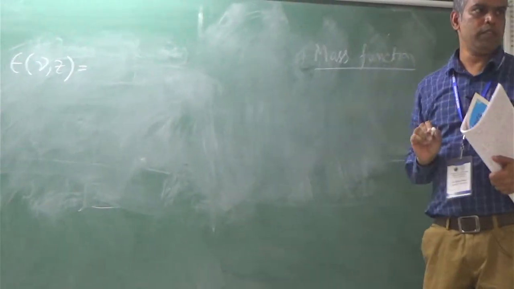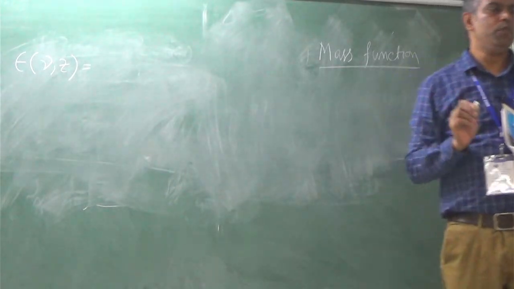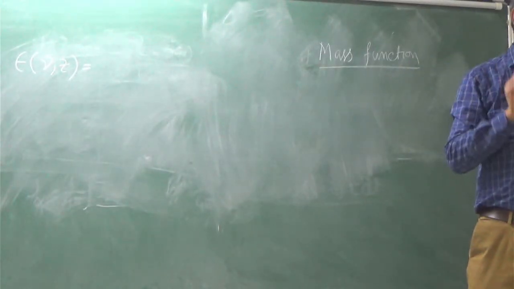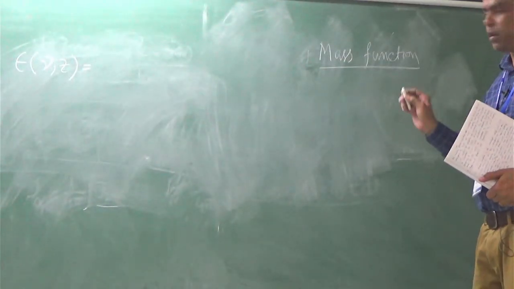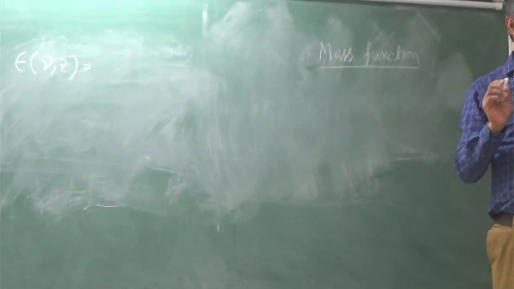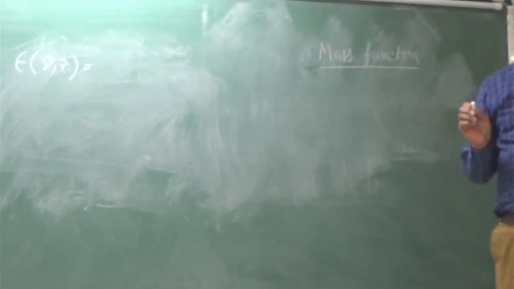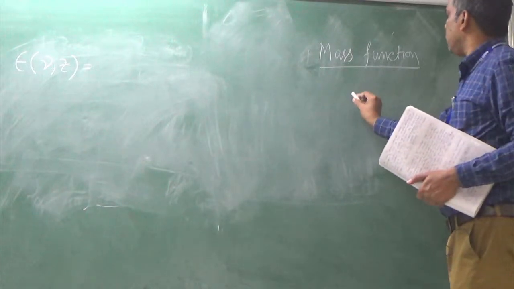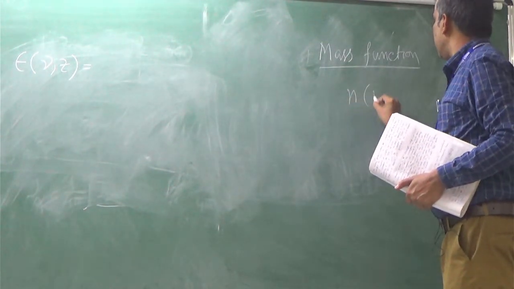What is the mass function? The mass function gives you the number density of dark matter halos, the comoving number density of dark matter halos in the mass range of m and m plus dm.